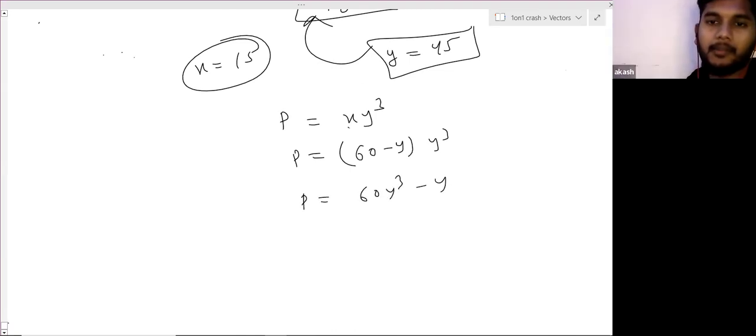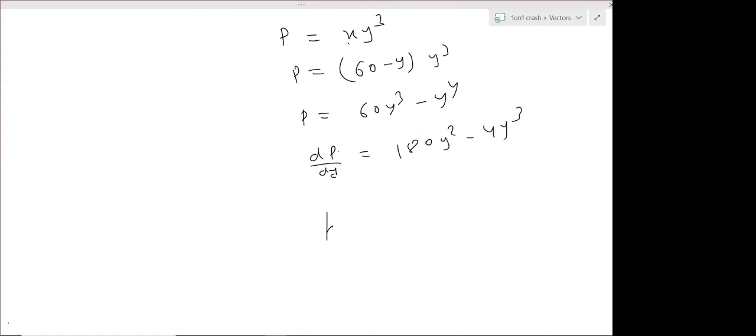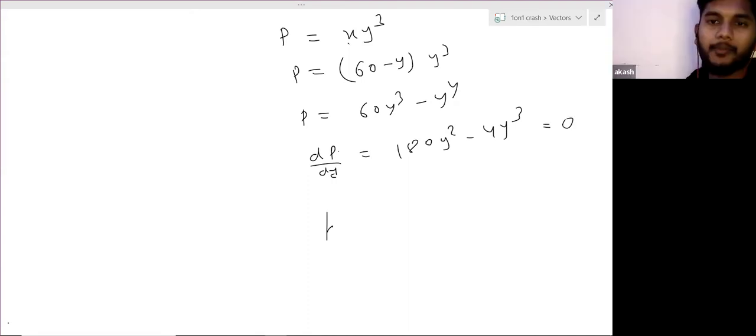Let me just write the derivative like this. dp by dy is 180y square minus 4y cube, right? Now we have to put this equal to 0. So we can take 4y square common. So this is 4y square into 45 minus y equals to 0. So either y is 0 or y is 45, right?